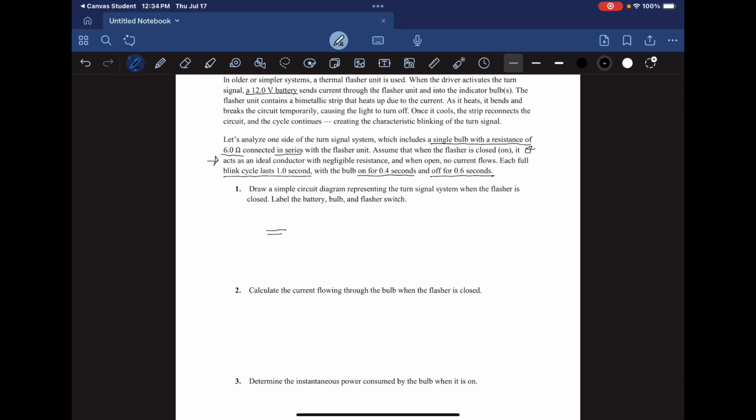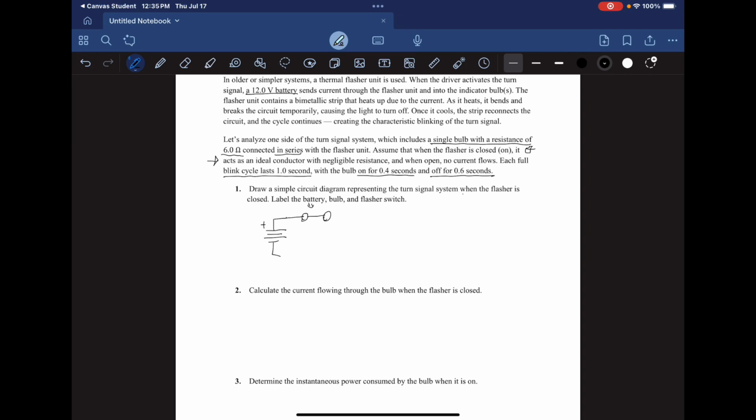So we've got our battery here. Say this is the positive node. It doesn't really matter how you choose to draw it since they're connected in series. And if you read the problem, the only other thing we have is the switch, which I've drawn right here.